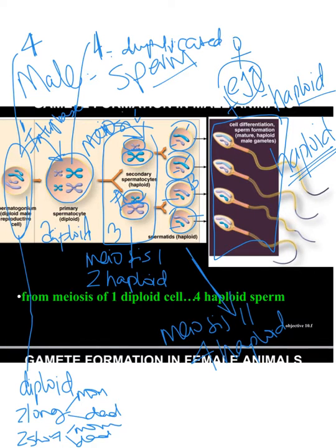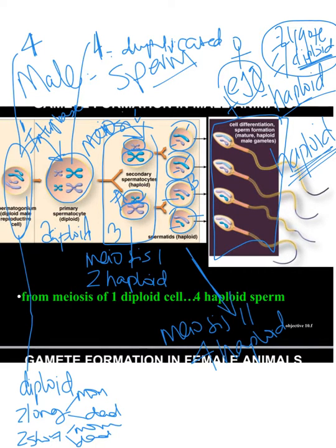When these two things come together, they form the zygote, which is always going to be diploid. So we take those two haploid cells that we make in meiosis II and turn them into a zygote, which is diploid. If we had diploid cells from our gametes, that would cause real problems when fertilization happened.